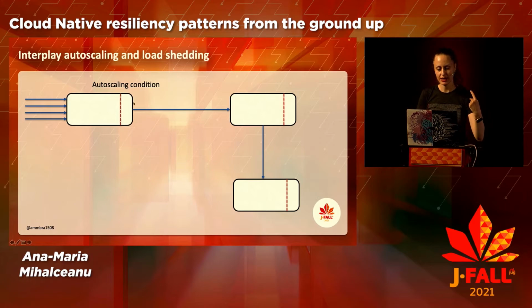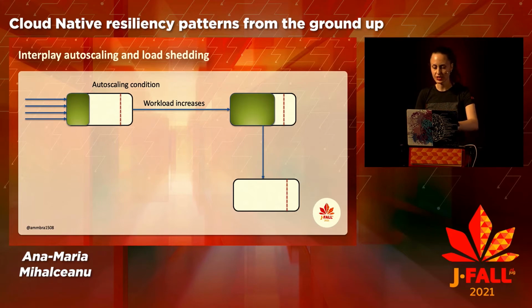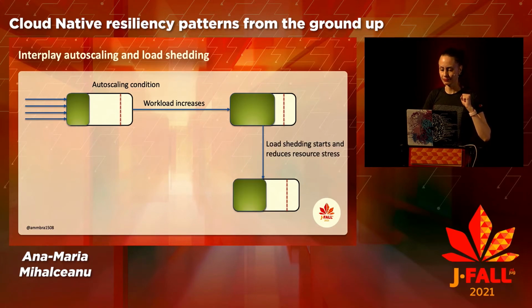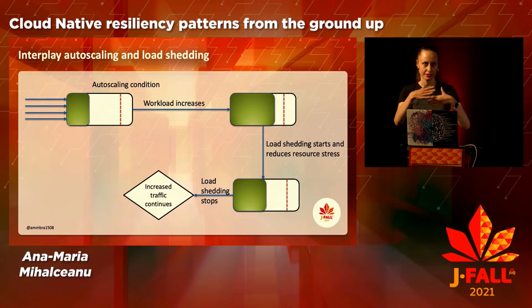So assuming that you have an autoscaling condition, this is the sign for autoscaling in my picture, you're having requests coming. It's fine. Now the workload is increasing, and you can see it gets closer to the line of autoscaling. But thanks to load shedding, the stress on the system is reduced. This is good. Now load shedding stops at some point when things are going normal, right?